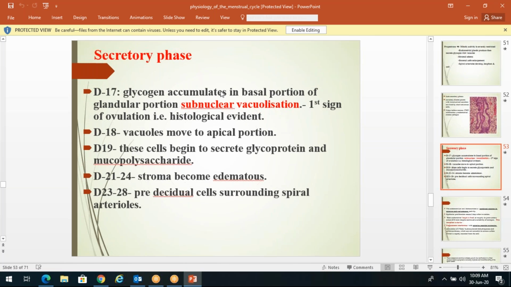On day 18, these vacuoles move to the apical portion, and then by day 19, they secrete glycoprotein and glycopolysaccharide. On days 21 to 24, the stroma becomes edematous, and on days 23 to 28, the pre-decidual cells surrounding the spiral arterioles develop.